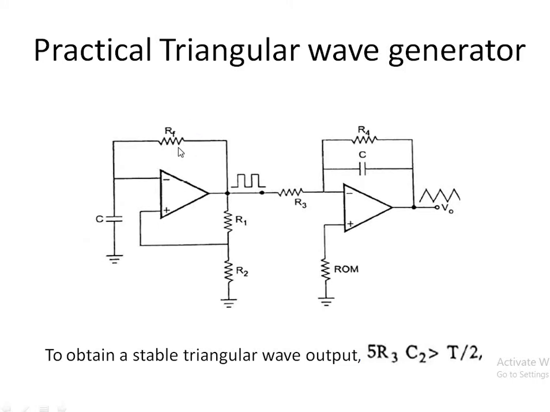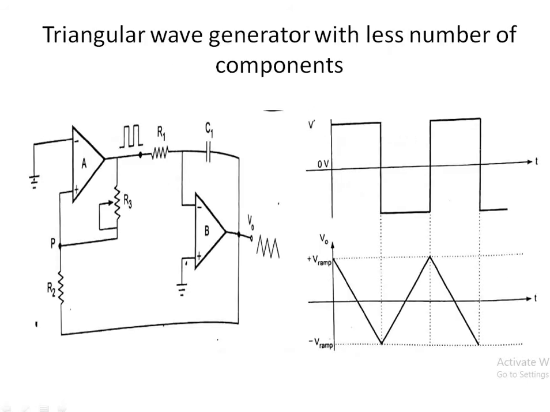Therefore it has a larger number of components, so it is not economical. Also the losses are more in these resistances, and the total circuitry is not economical. So that is why we are moving on to a triangular wave generator with fewer components.